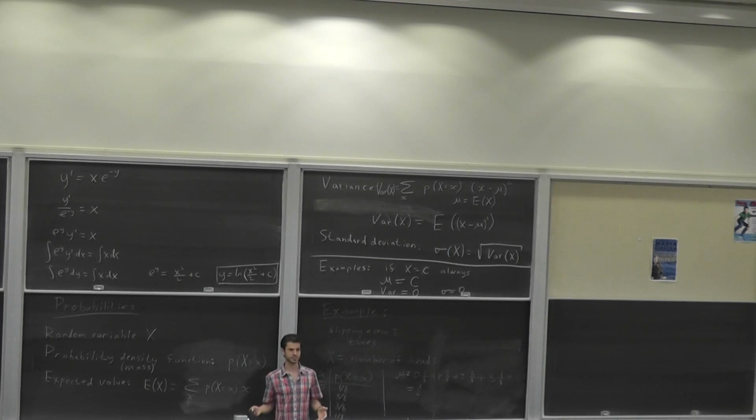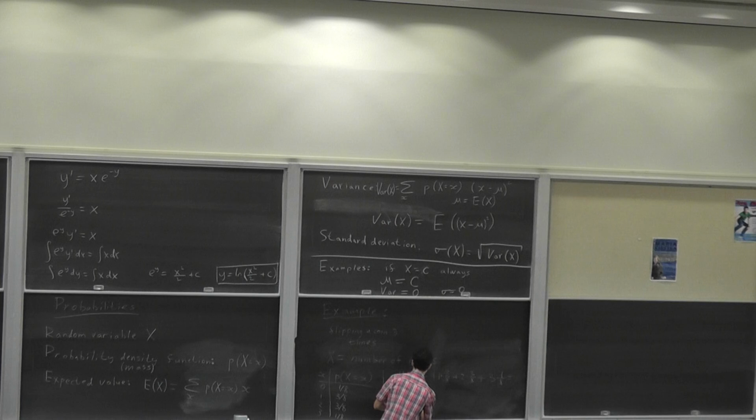Okay, the variance. For variance, you don't get such a good intuition because basically we don't intuitively understand what variance is. It's just one way to measure how spread out my variable is, how spread out the outcomes are.